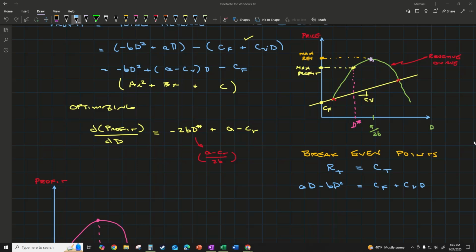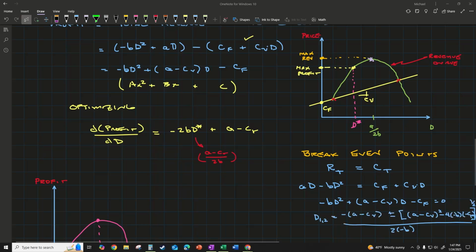A times D minus BD squared equals our fixed cost plus our variable increment times our demand again. And we can solve this. This gives us another quadratic equation, and it gives us the intersection points here. And we can use the quadratic formula, and you could solve that relationship if you had the parameters.